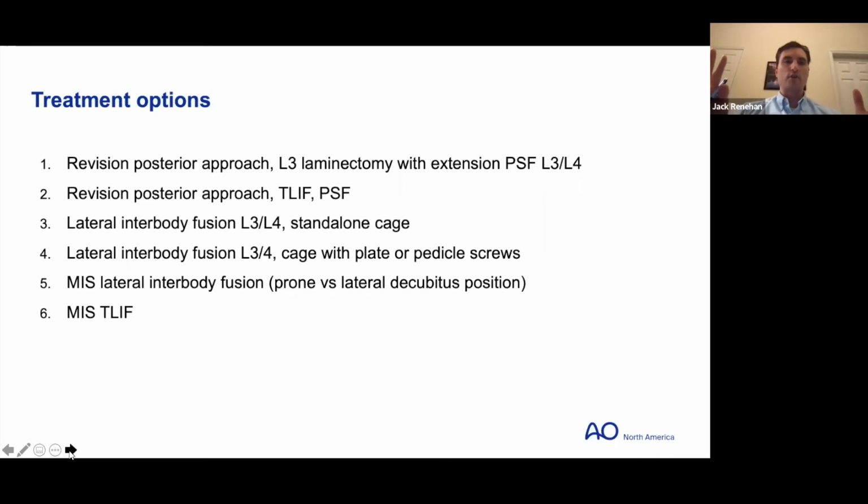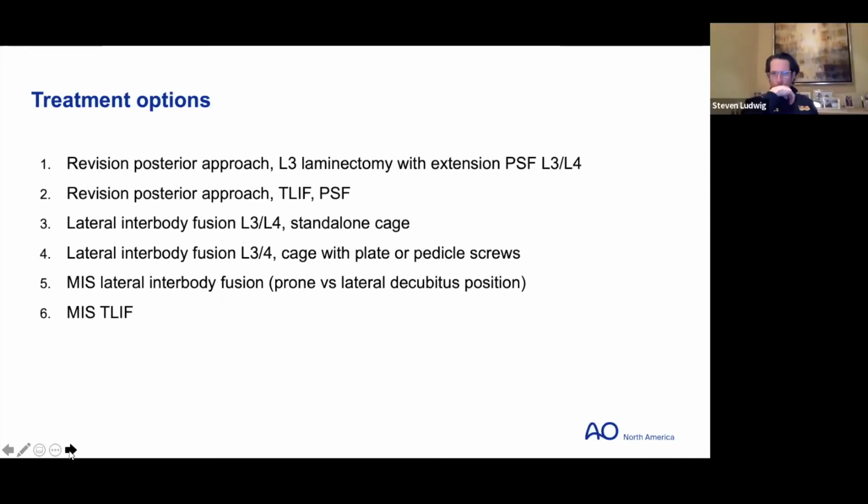There's a whole lot of different options, but I think one thing to consider is that the biology in lumbar adjacent segment disease is not ideal. And certainly in patients with poor host biology, considering a more robust fusion construct is wise, and also that you can reliably achieve good indirect decompression in foraminal and recess stenosis.